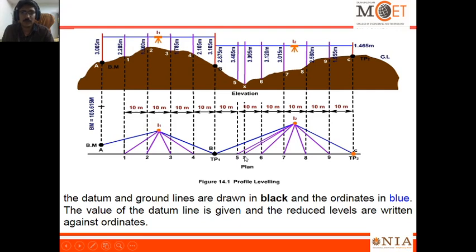These profile readings were noted down in the level book in tabular format. From the tabular format, the elevation of each point with respect to the standard benchmark was calculated and the profile was plotted. The final result will be like this, but we obtain the bottom only. With respect to this data, we try to project this.